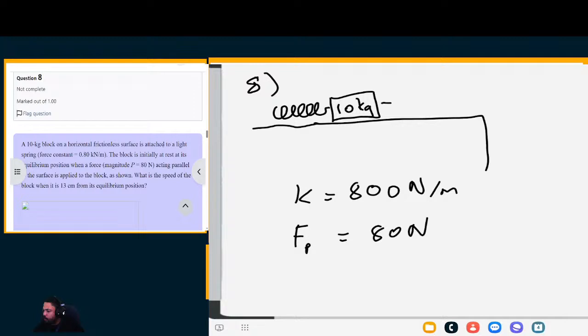So the force P is parallel to the surface and it pulls the block from its equilibrium position.